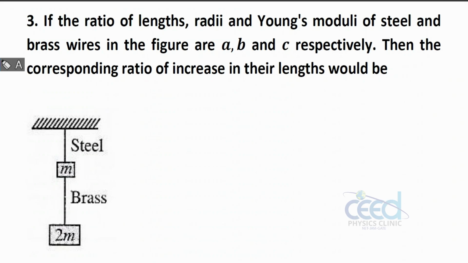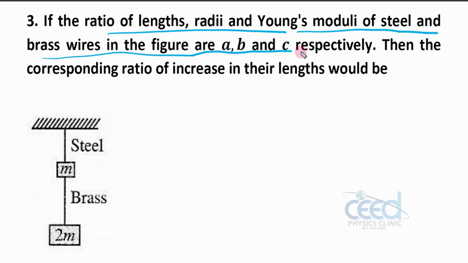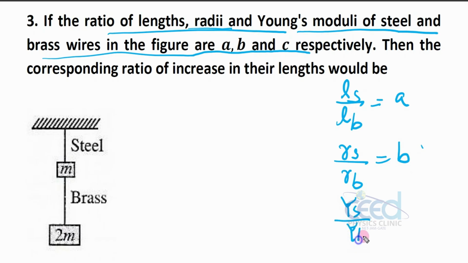The ratios of length, radii and Young's moduli of steel and brass wires in figures A, B, C are respectively: L steel by L brass is A, radius R steel by R brass is B, and Y steel divided by Y brass is C. Then find the corresponding ratio of increase in their length.